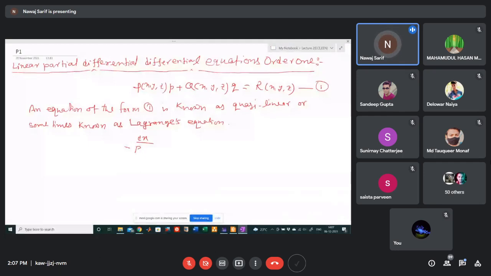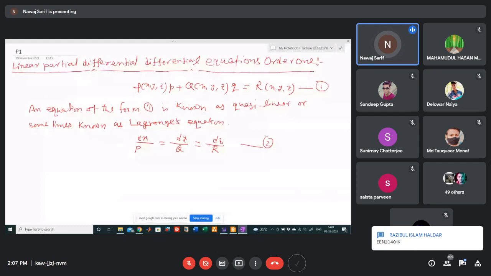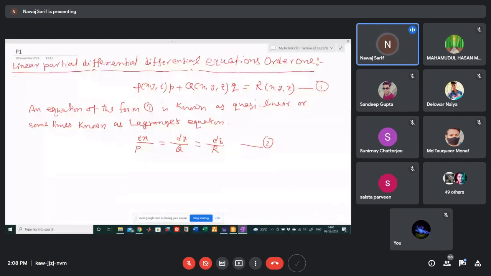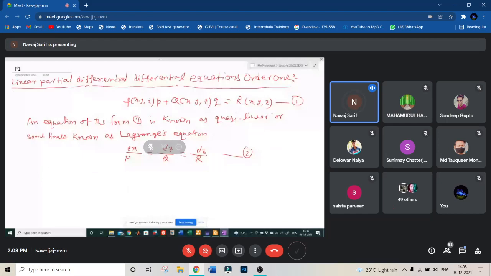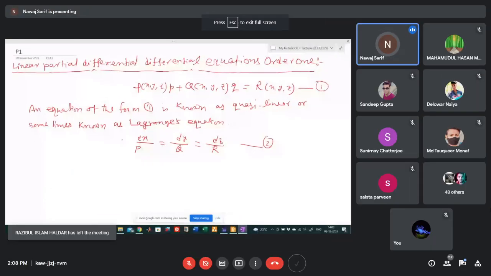This is your simultaneous equation, where in the denominator of the first term there is capital P, the coefficient of small p, below dy is capital Q, and below dz is R. This is the standard form of Lagrange's linear equation, and this is the converted form. This is known as Lagrange's auxiliary equation.